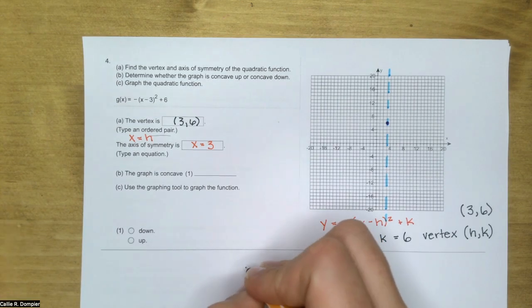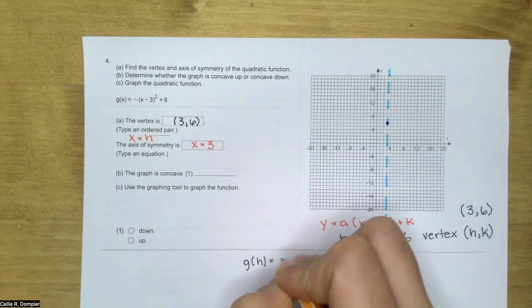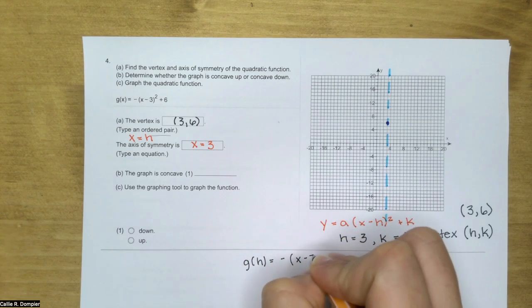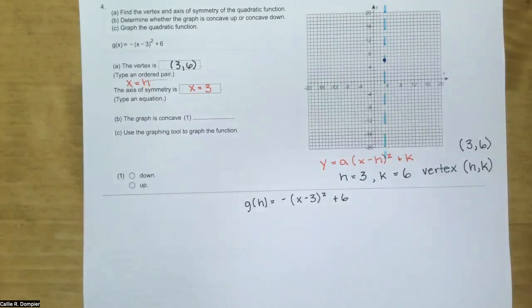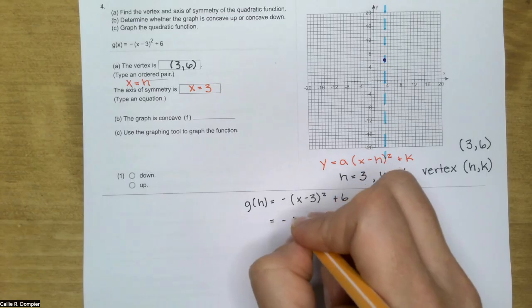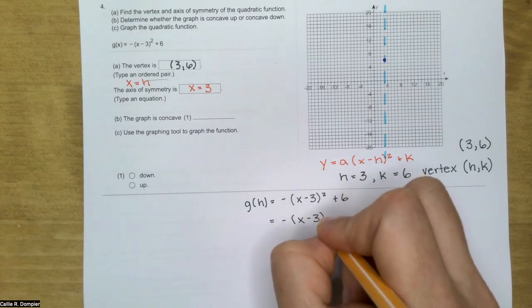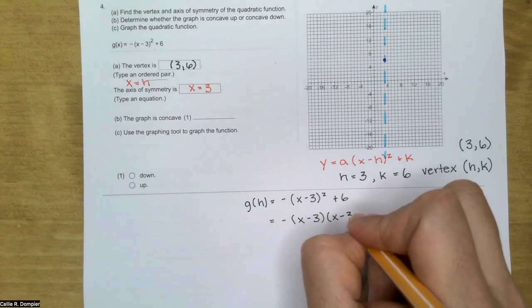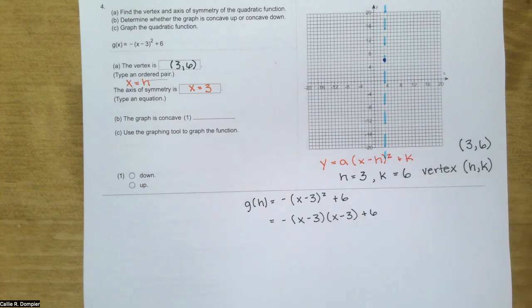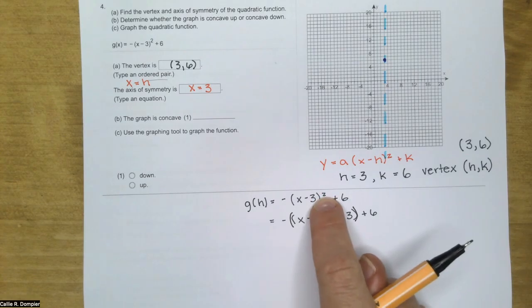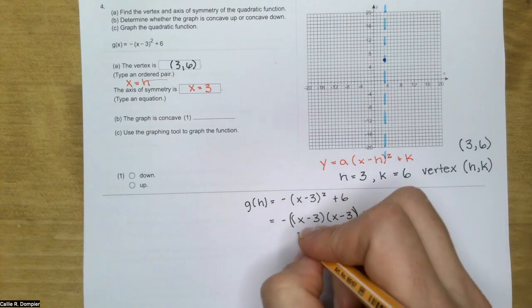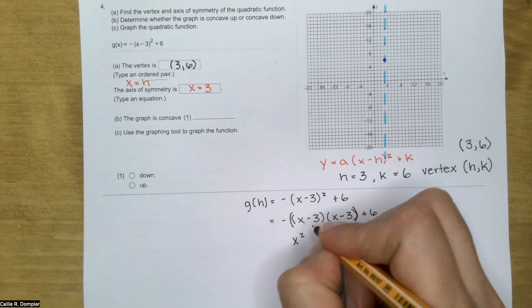Is the graph concave up or concave down? Again, you can verify by putting it into standard form. So I'm going to do the power before the minus sign. X times x is x squared.